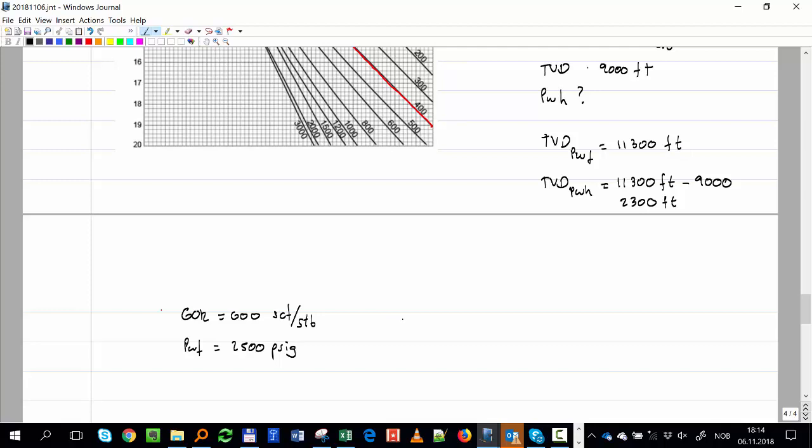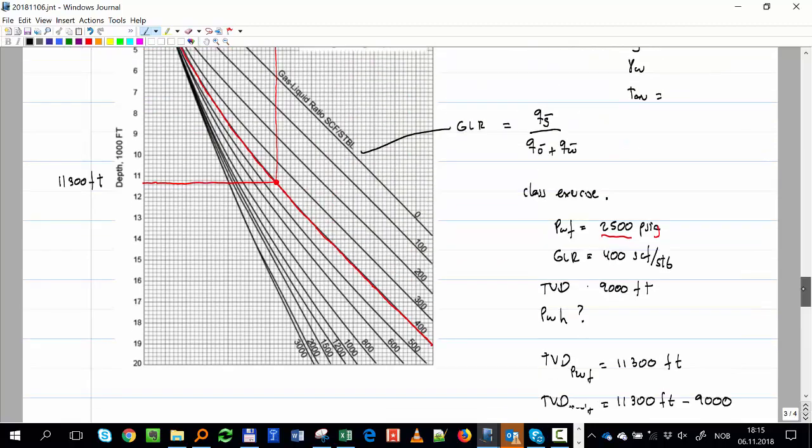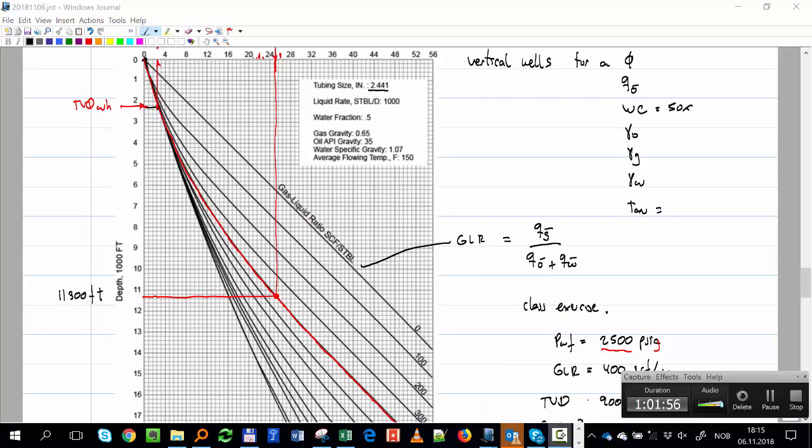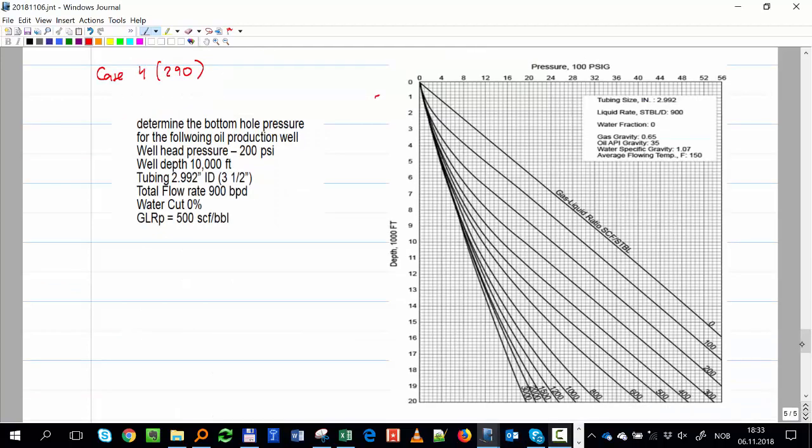Then I want to ask, what is the wellhead pressure? GOR 600, another case, pressure of 2500. What is the wellhead pressure? So I give you time, you think about it, and then we discuss it, okay?